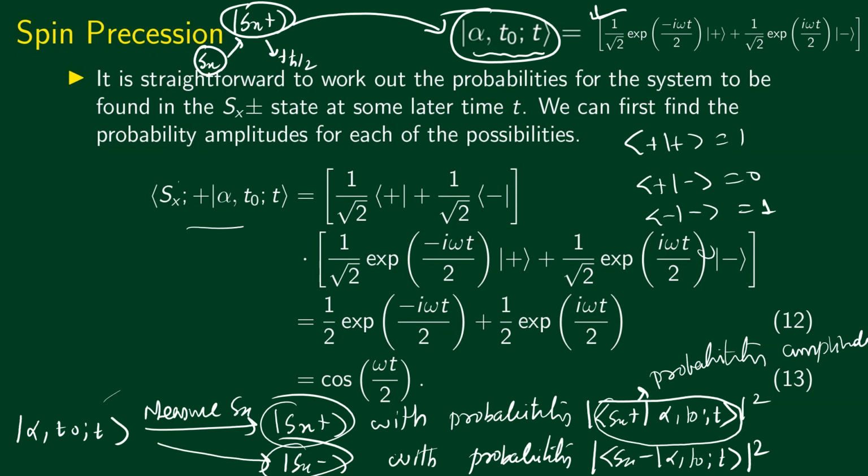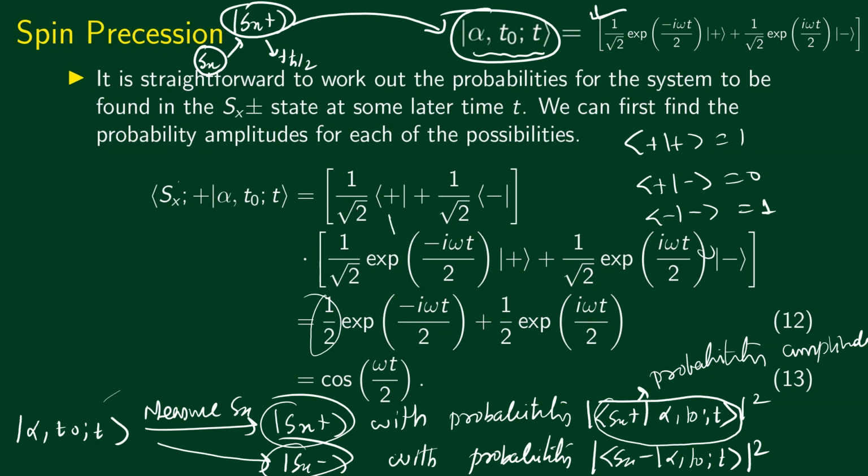Okay, so if you take this inner product, you are just left with 1/√2 times 1/√2, which gets multiplied to 1/2. And here you have an exponential of −iωt/2, which is a number, which also appears here. So that's exponential of −iωt/2. The only multiplication we have is ⟨+|+⟩, which is equal to 1 because these are orthonormal states.